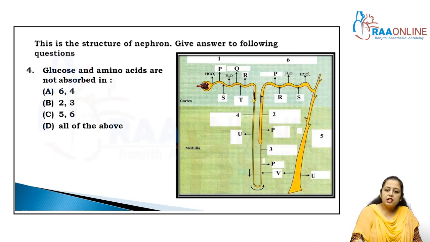That one is the proximal convoluted tubule, that is PCT. That sixth one is the DCT, right? As I say, maximum reabsorption occurs in the PCT. So what is that P? That is NaCl.